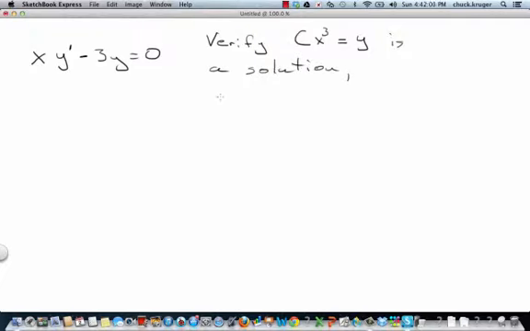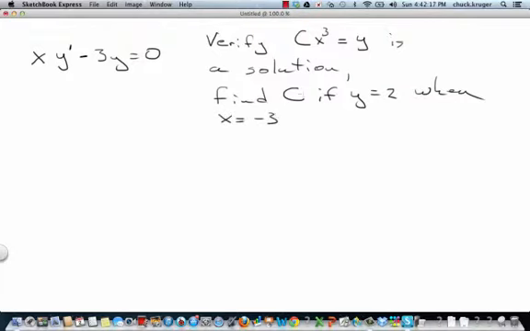And then I want to find c if y equals 2 when x equals negative 3. So I'm going to do that.